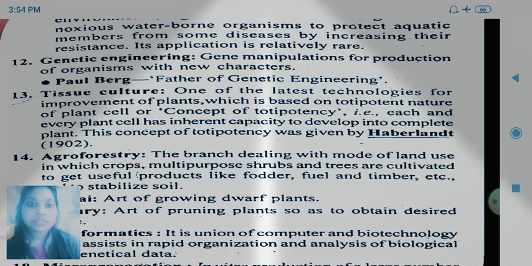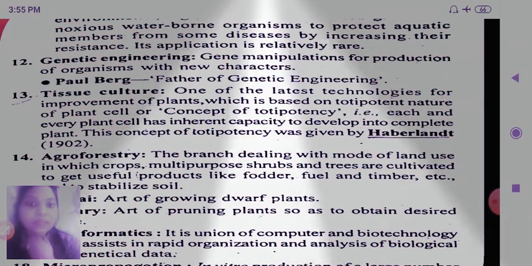Then comes tissue culture. Nowadays most of the time we use the tissue culture method for yielding hybrid or improved varieties of plants. In the case of animals, we use the tissue culture method in the laboratory. What do we mean by tissue culture? It is one of the largest technologies for the improvement of plants, based on the totipotent nature of the plant cell, or the concept of totipotency.